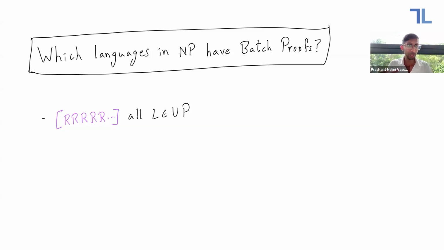For every YES instance, there's a unique witness that proves that it's a YES instance. Think about, for example, something like factoring, where any number has a unique prime factorization. So for languages of this form, they showed that you can actually get batch proofs. You can take T instances of such a language and come up with an interactive proof where the communication is much smaller than T.